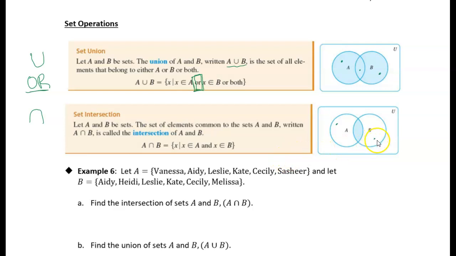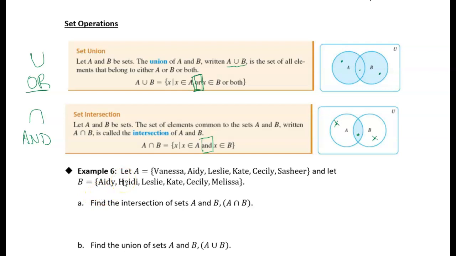If you're just part of B, nope, you're not part of the intersection. Only if you're part of both sets do you get to be part of the intersection. So the key word here is "and." You have to be both in A and in B. You have to qualify for both sets in order to be part of the intersection.